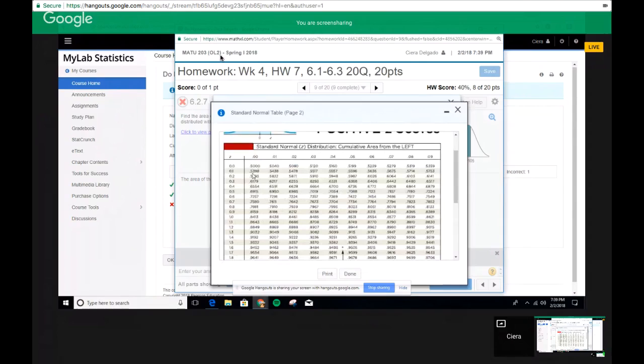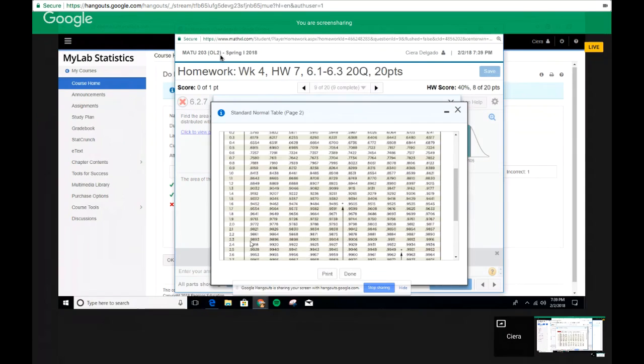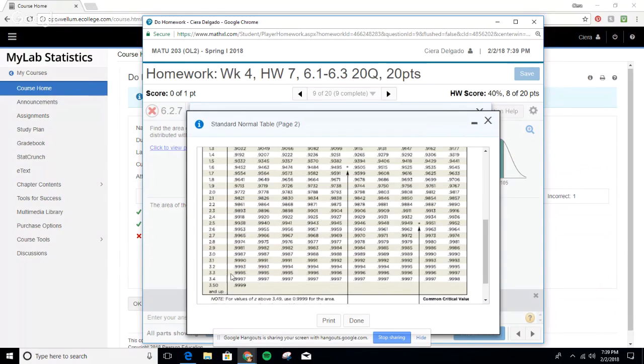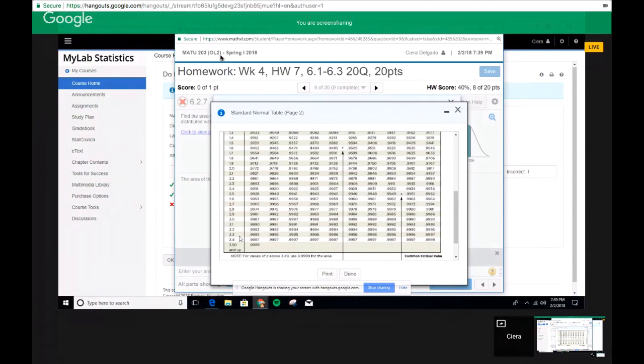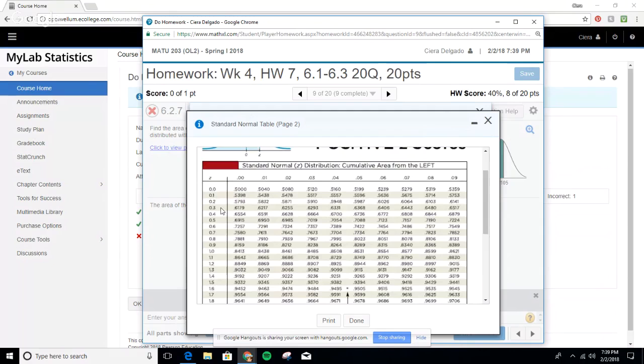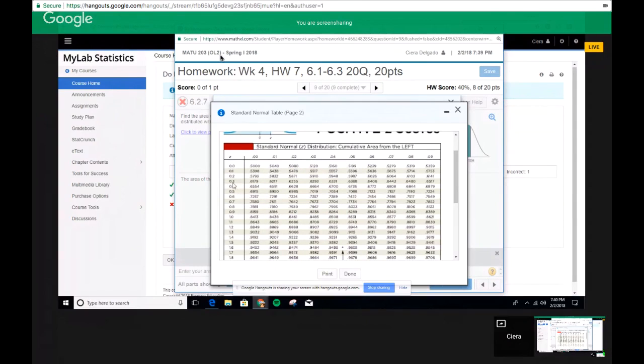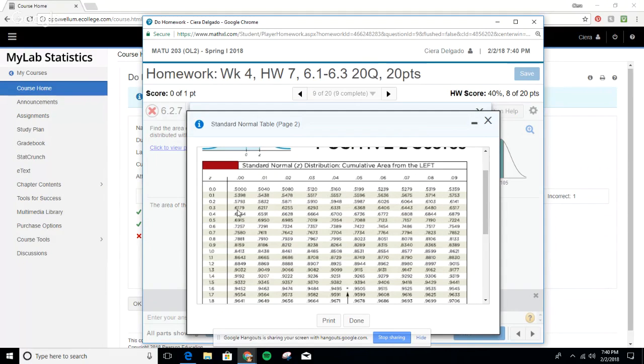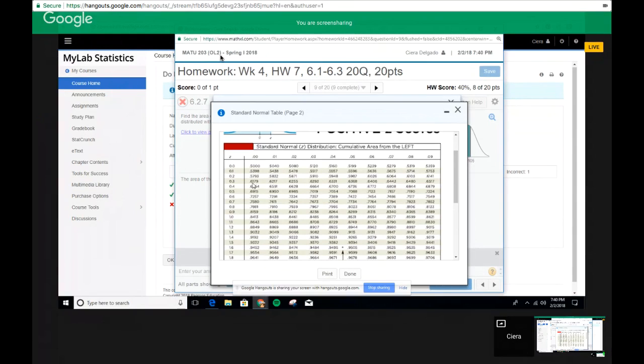Let's put in 0.6179 because... oh no, that's not it, you were looking at 3.3. It's 0.03. Okay, I see what we did. So we're going to do 0.6179. And if not, we'll look at 0.07.